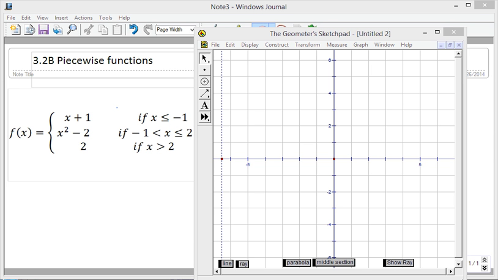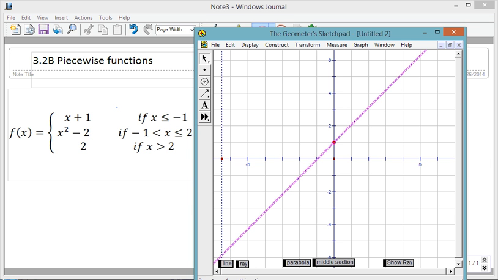So if we look at that first equation, f of x equals x plus 1, that's a line that has a slope of 1 and it goes through 1. But remember, I only want to use that line when x is less than or equal to -1. So that would only be this part. That's the only part I want to use. I'll get rid of the rest of it.